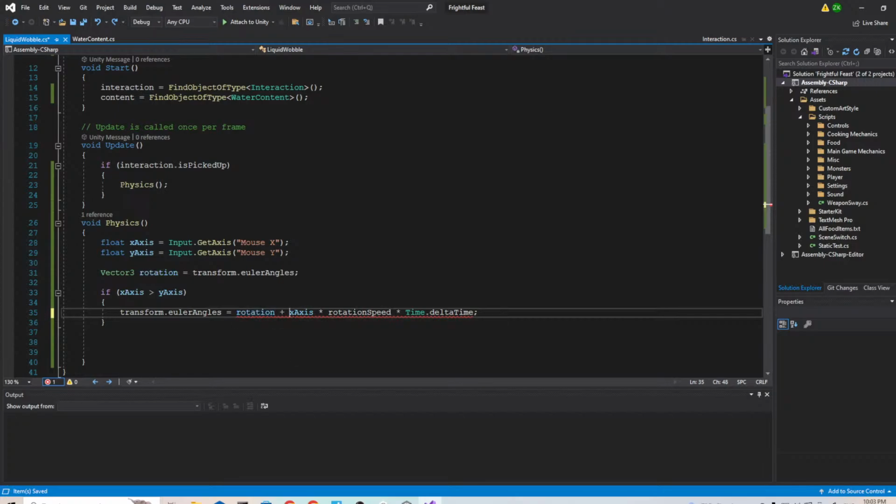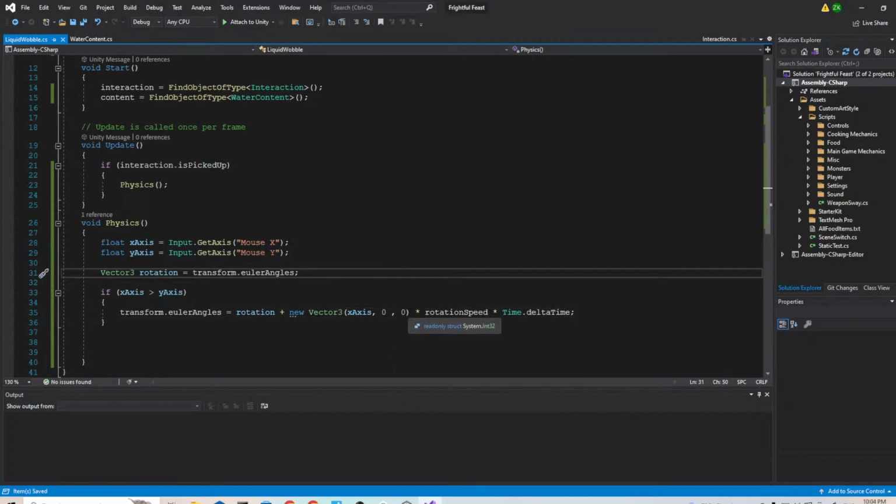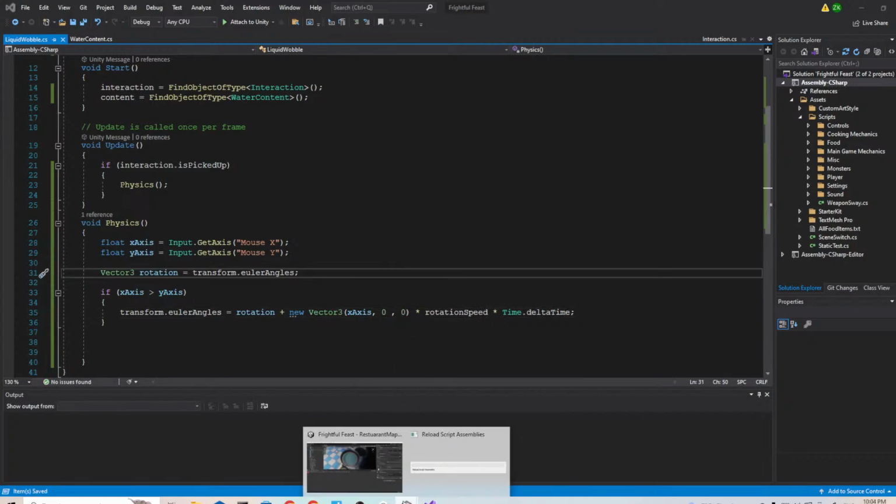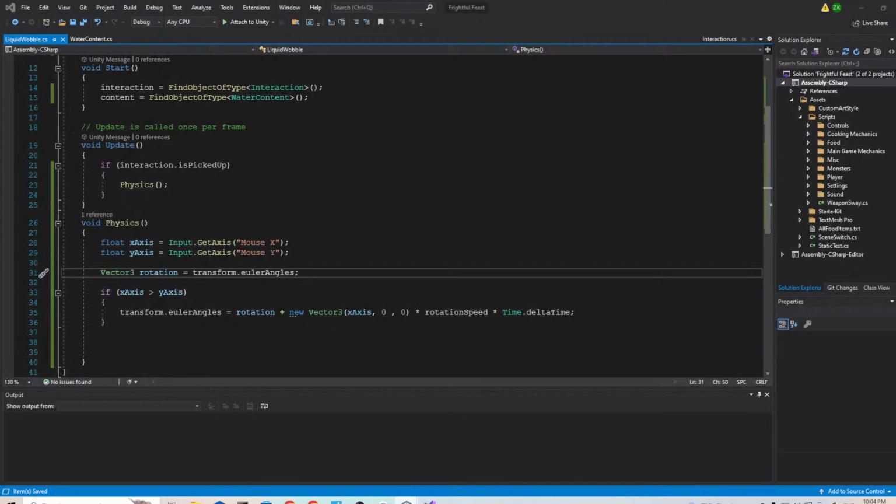New Vector3. We'll just do new Vector3. This isn't very good. Oh well. 0. Water rotation. So that might work.